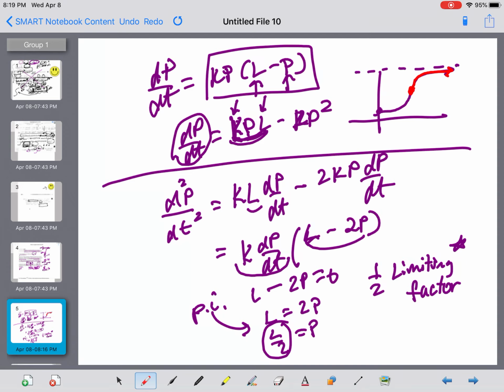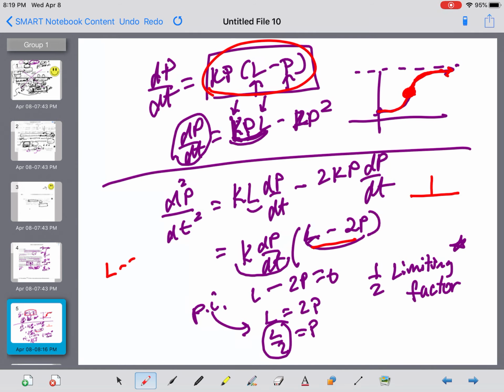One thing to look at is if this thing is increasing, its first derivative, this whole thing would be positive. Okay, and then if I do a plus minus chart at my point of inflection, whatever that number is, this number L over 2, or let's look at it this way.